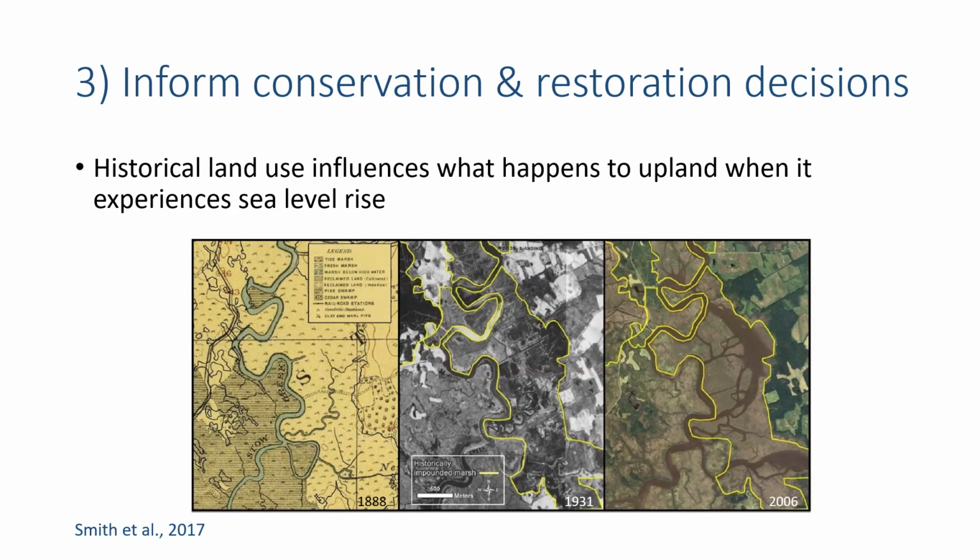And so the authors of this study then paired that with a historic aerial image and a modern aerial image. And they took that delineation of the impoundment from the historical map and they carried that through these time steps. And they looked at how the land within the impoundment changed through time, and if it went back to marsh, if it converted to open water, and then they compared that to natural undisturbed marshes within this same system.